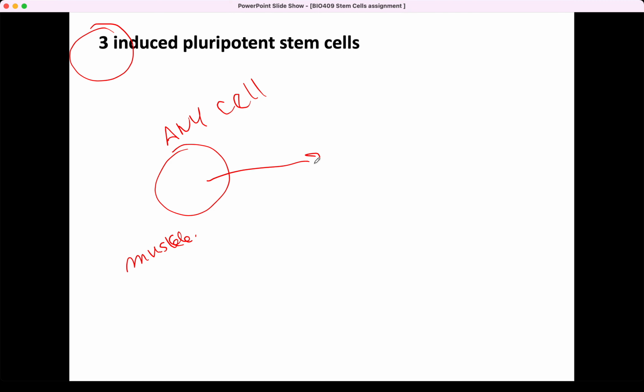And they could do work in lab to convert it to a stem cell, and a stem cell that's like an embryonic stem cell, a stem cell that could make anything. It could make all the different cell types.